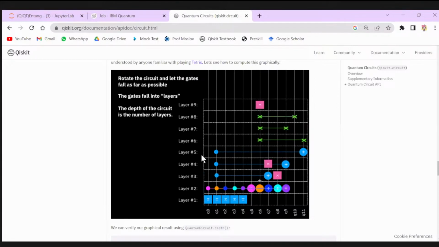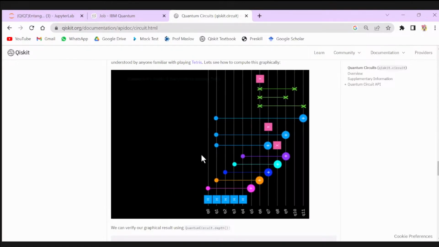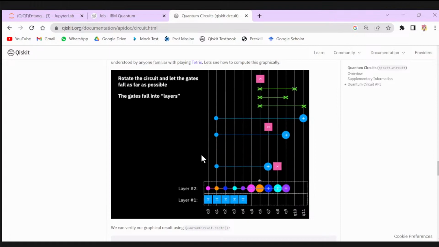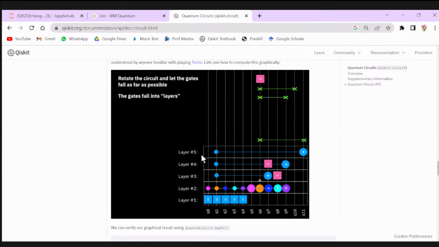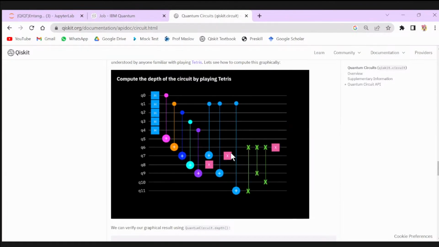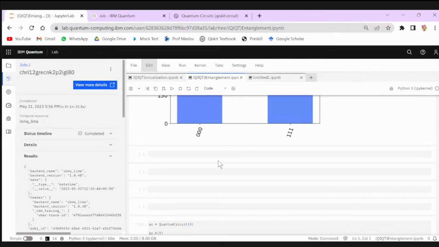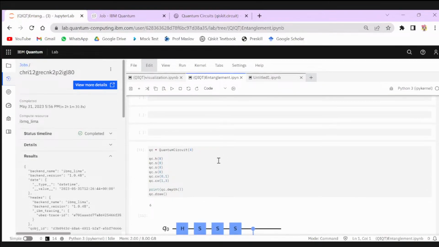So it is very important. When it comes to a circuit running on an actual quantum computer, the number of gates is not the only important factor, the layer is also an important factor. So that's how we can define depth of any quantum circuit. So let's try to see any circuit.